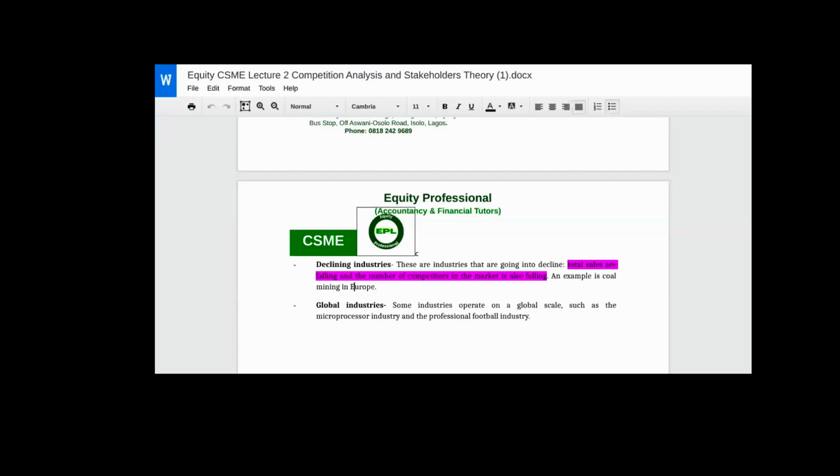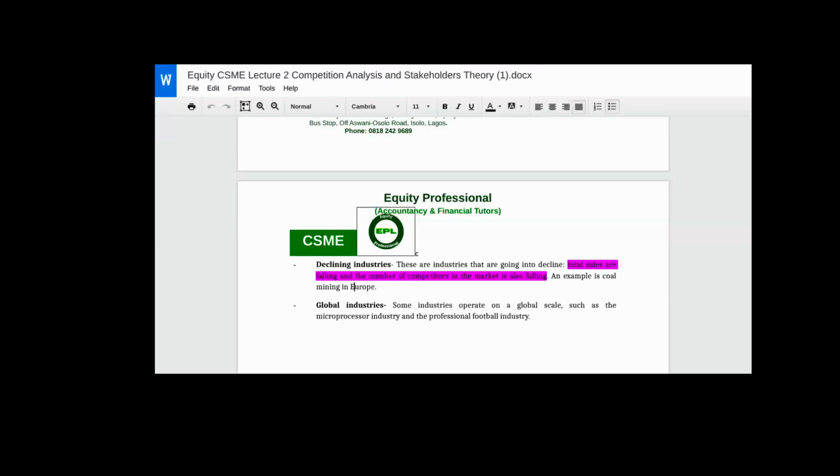So all the major operators in that market that are selling their product, some are leaving. Those that are not leaving are experiencing a harsh business environment, in that their sales and profitability are reducing. They're even struggling to break even, not to talk of having high return on investment. A good example of a declining industry in Nigeria is the textile industry, because this industry is fading.